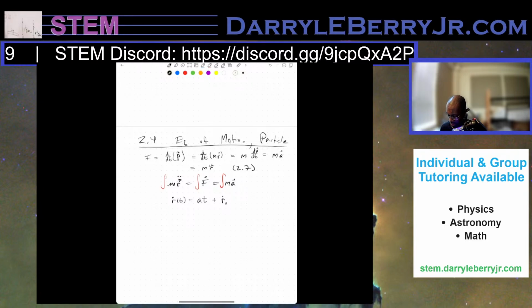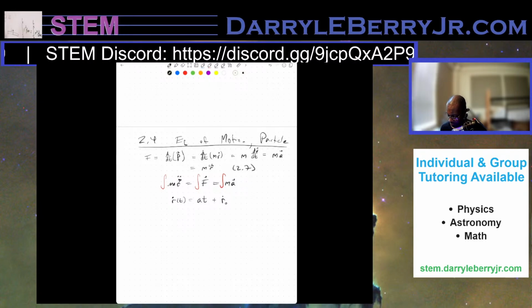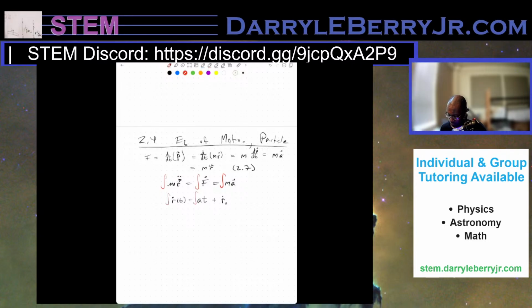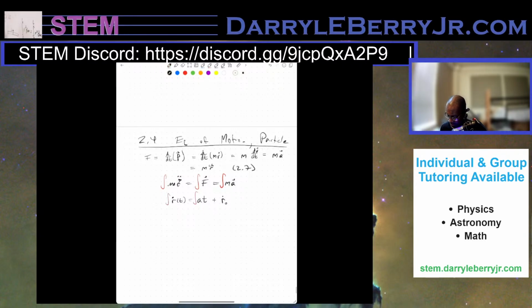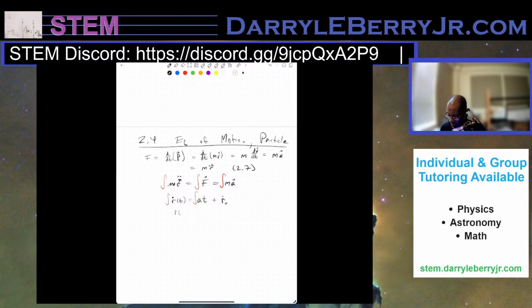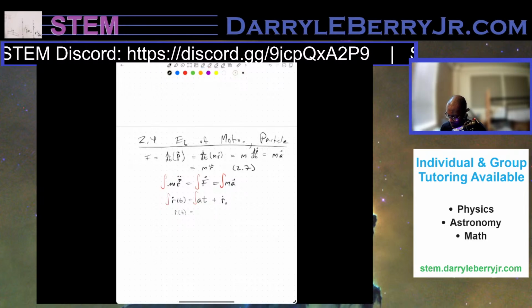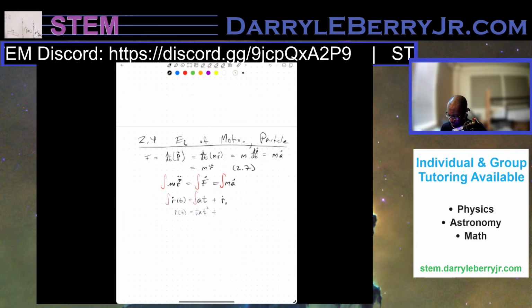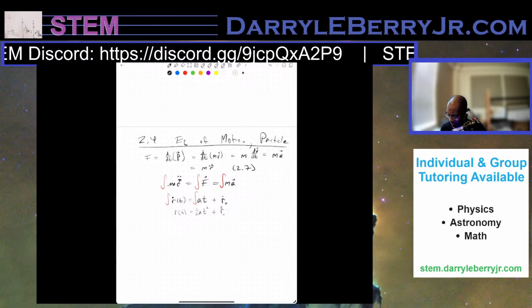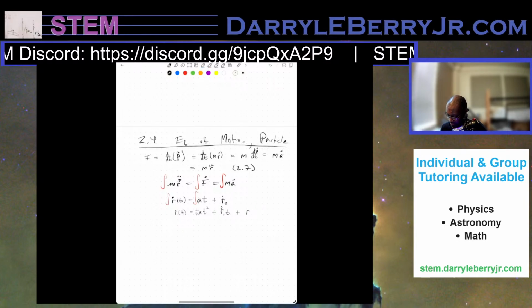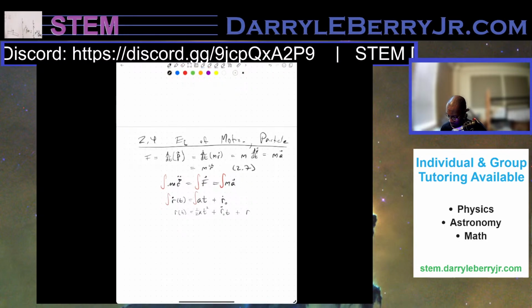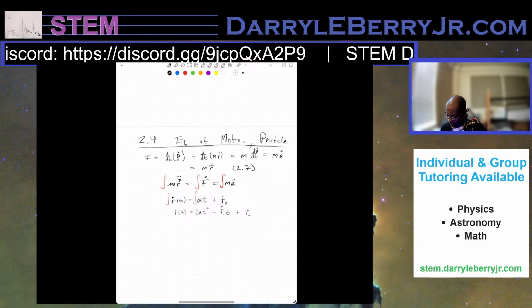And then we can say, if we integrate this, we can say r of t equals at squared over 2 plus r dot naught t plus r naught.